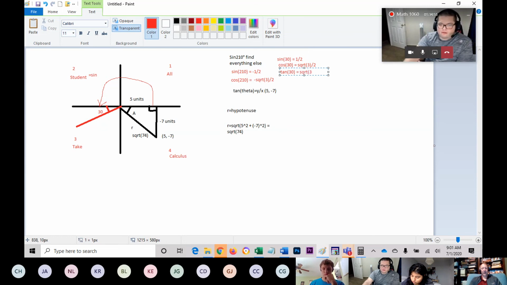So if we do the tangent of 210, is it positive square root of 3 over 3 or is it negative? Positive, because it's in quadrant 3, and tangent is always positive in quadrant 3.